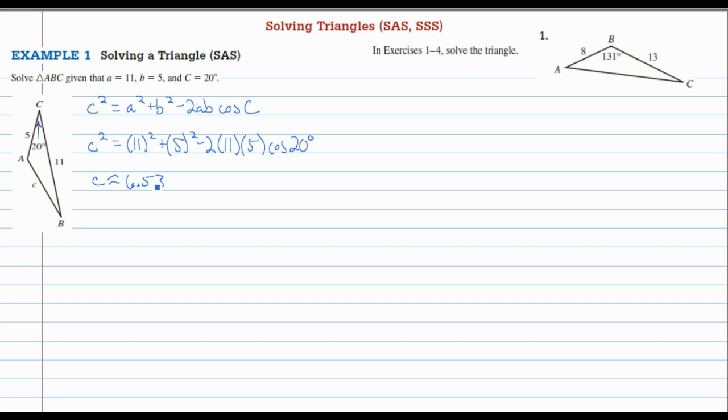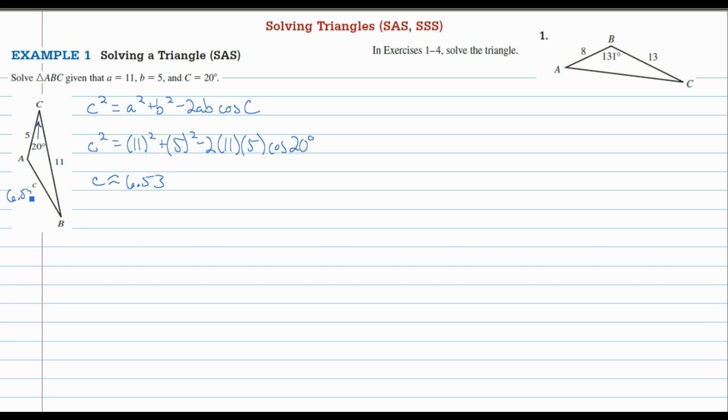Check that in your calculator to make sure you're able to do that correctly. I also stored that in my calculator as C. So when I say C, it means the value 6.53 with all of its decimals following.